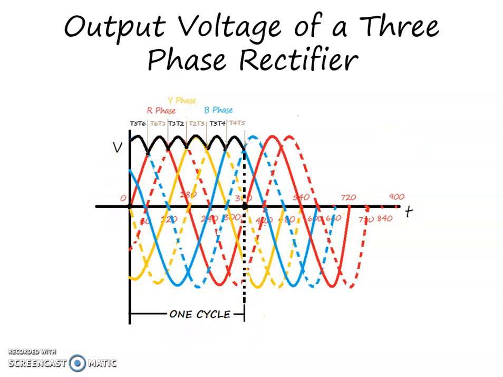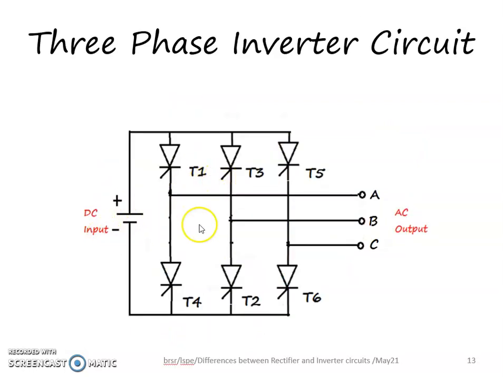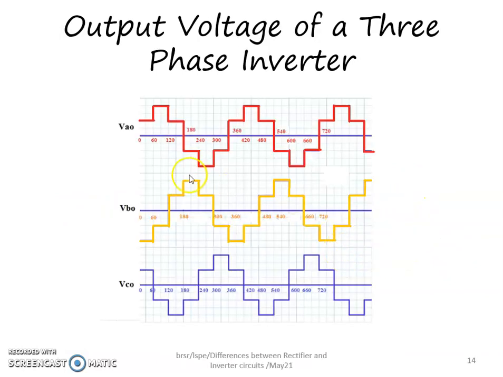In the case of an inverter also, the circuit is similar to a single-phase inverter, but here again instead of 4 thyristors you have 6 thyristors. Here also the DC input is given, the output is taken from the junctions, and you are going to get 3 output waves. It will look like this, and we get 3 waves which are displaced from each other by 120 degrees.